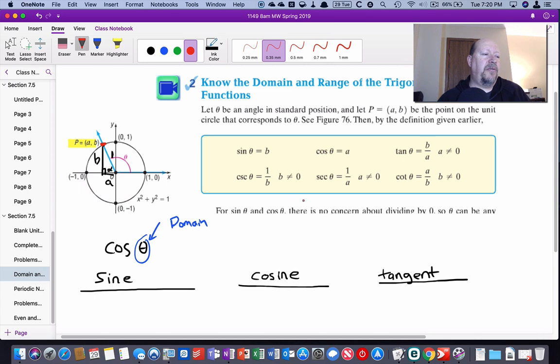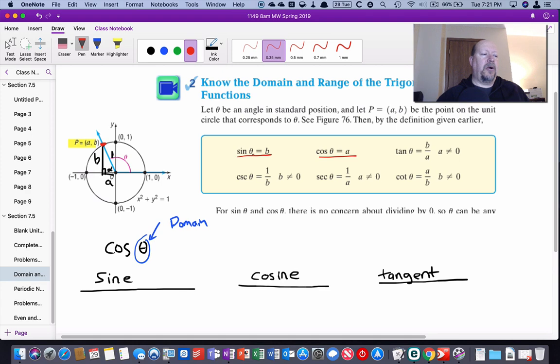So the sine of theta is just the b coordinate. That makes sense to us because we know if this is the unit circle, then the y coordinate, or b in this case, is the sine. And the same thing goes with the cosine: this x coordinate, or a, is the cosine.